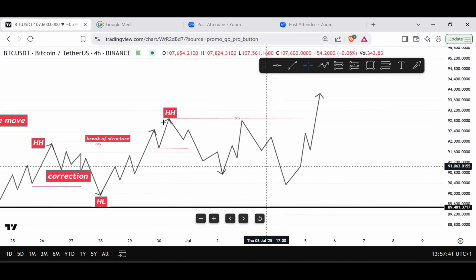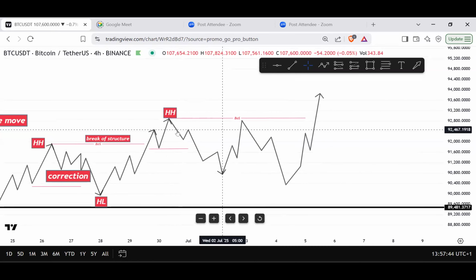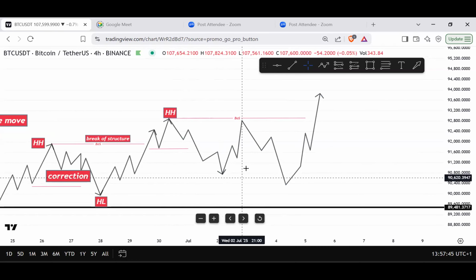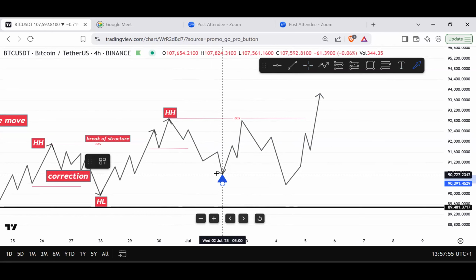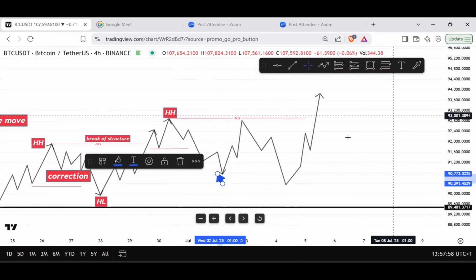So, okay, let me write this. Now that we have this, after this correction, where is our higher low? Is it here? Which one is higher low?